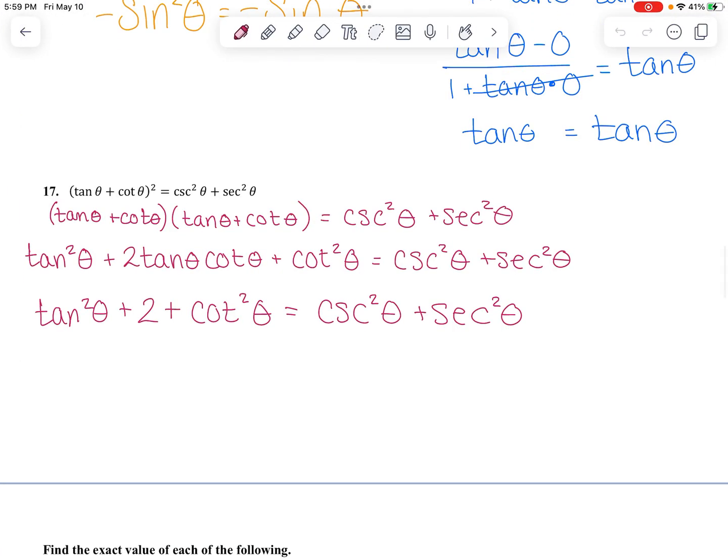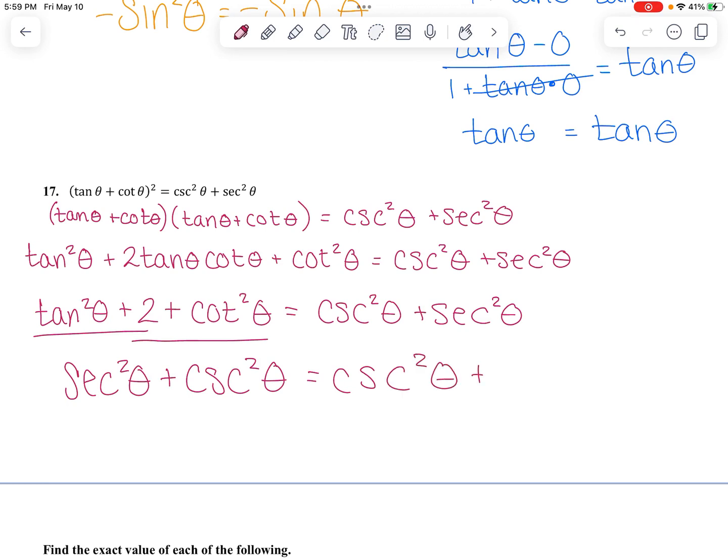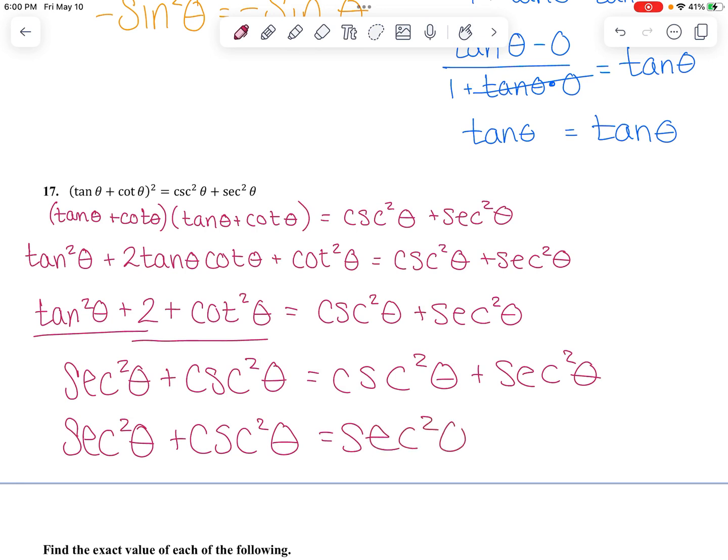But in my actual identity, they're getting added with a 2. Well, a 2 is just a 1 plus a 1, which means tangent squared plus 1 is secant squared, and the other 1 plus the cotangent squared is cosecant squared. And write them in the same order.